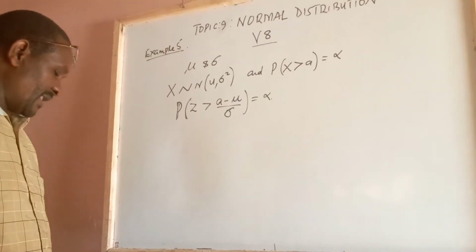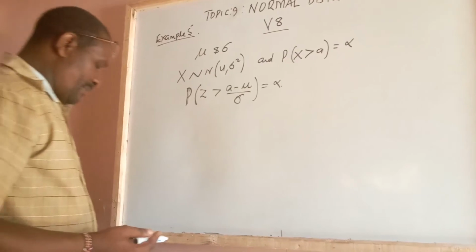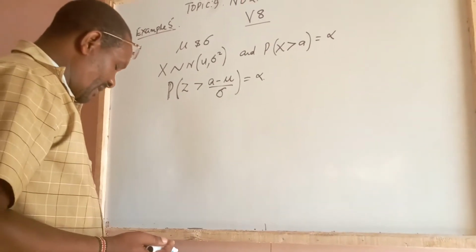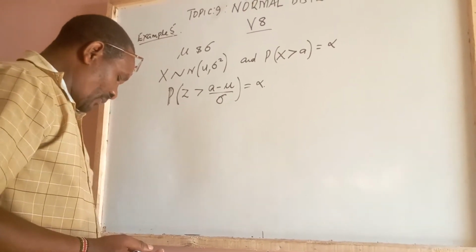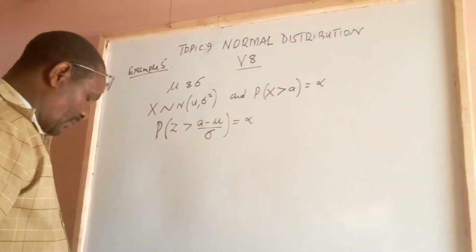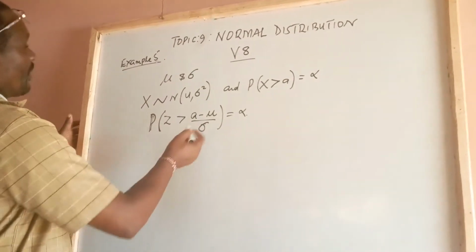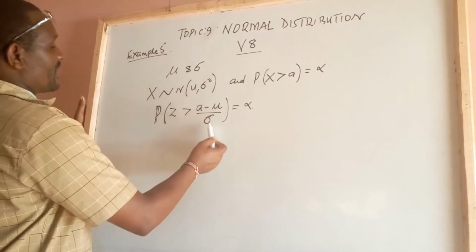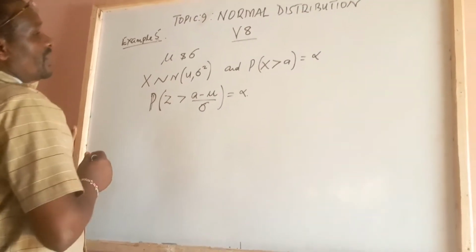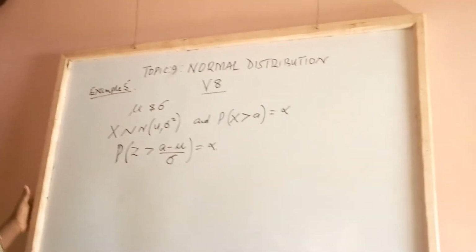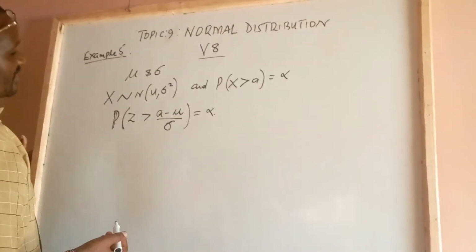Sometimes neither the mean nor the standard deviation is given, in which case you will have to solve simultaneous equations. When you're finding the mean and the standard deviation, we cannot do that by simply forming a single equation.